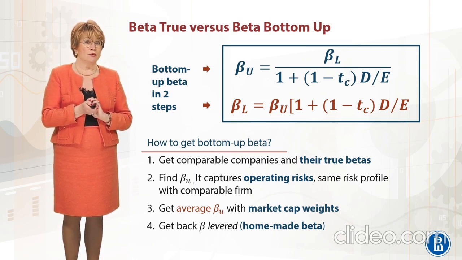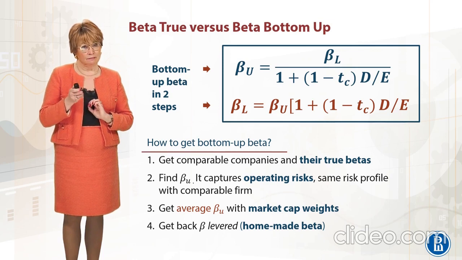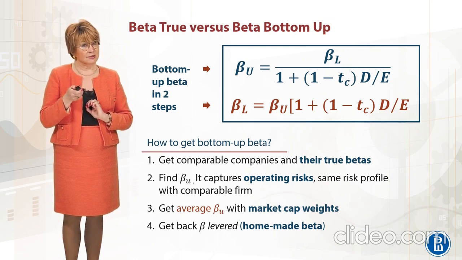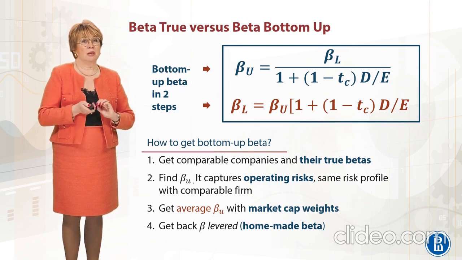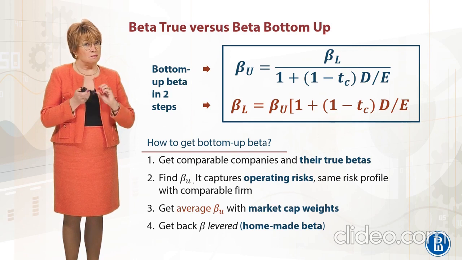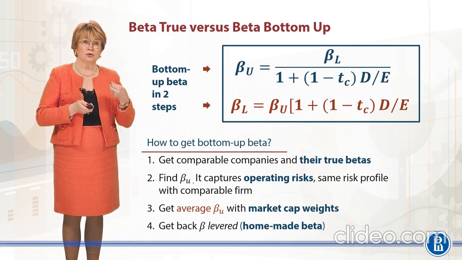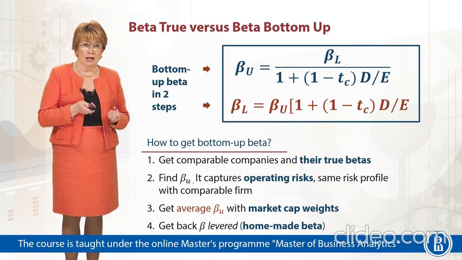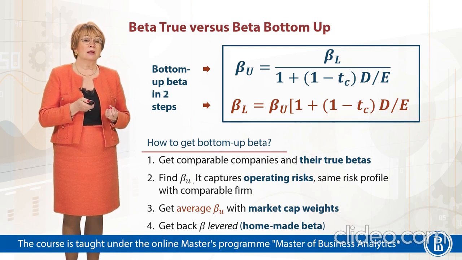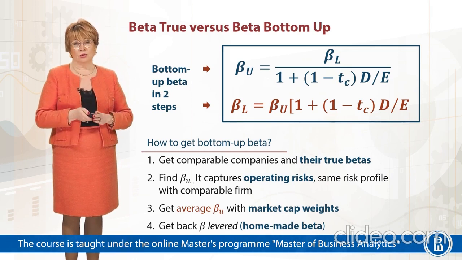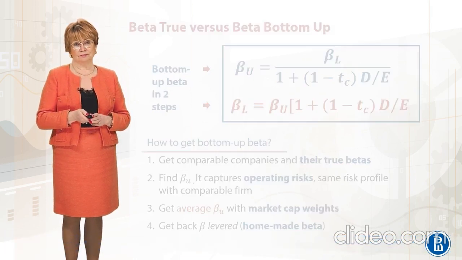So I would say that in some situations, beta bottom-up, the result of these 4 basic steps, is better than the true beta of some publicly traded companies in case they are dramatically changing their strategy and their approaches to the business.